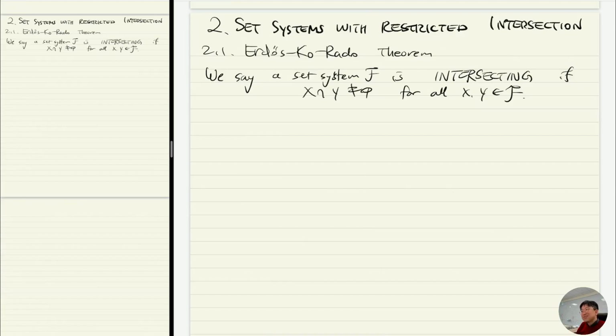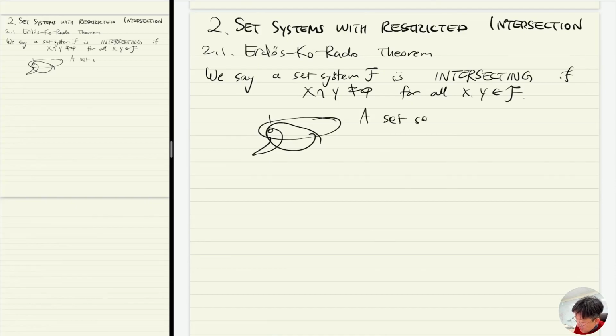So what are the examples? Well, I might have subsets containing particular elements, right? So if you want to have a set system over 1 up to n, what is intersecting?